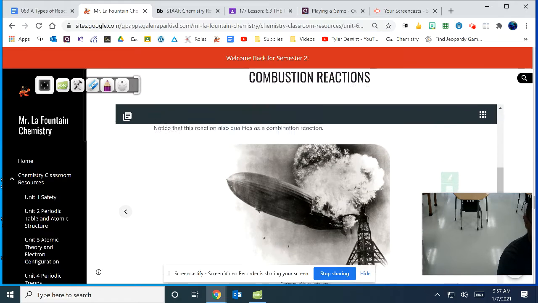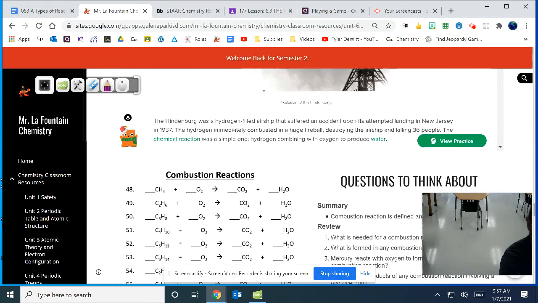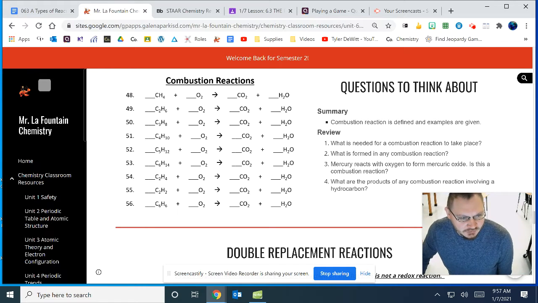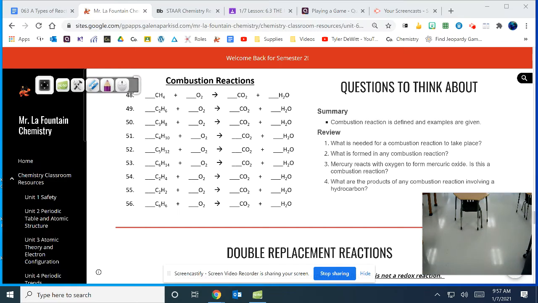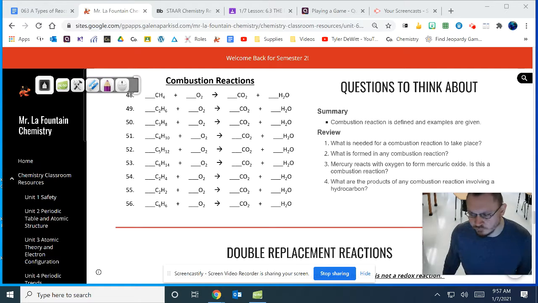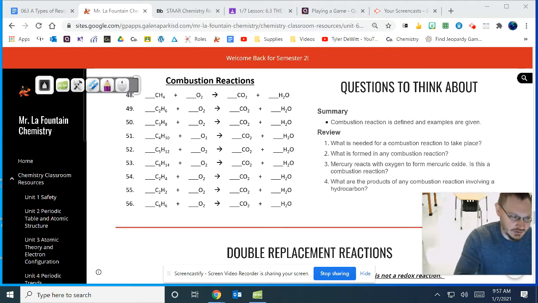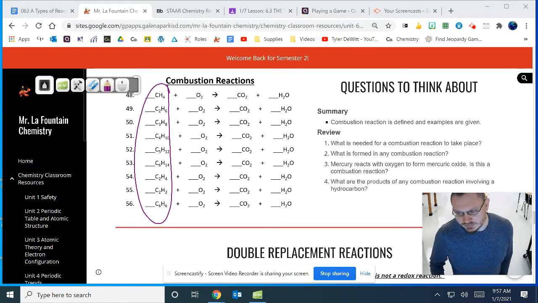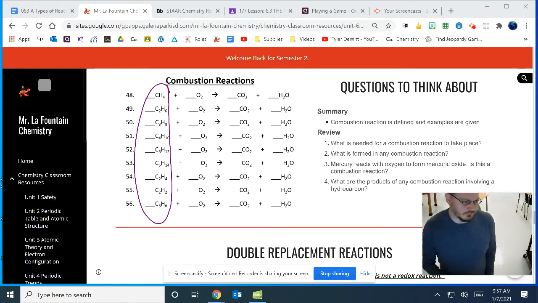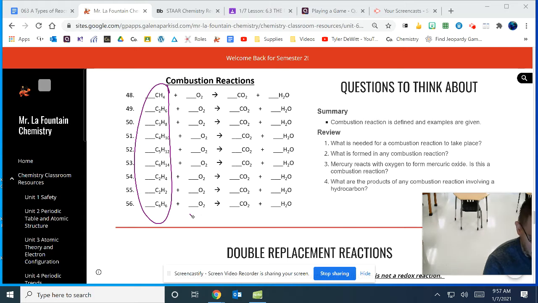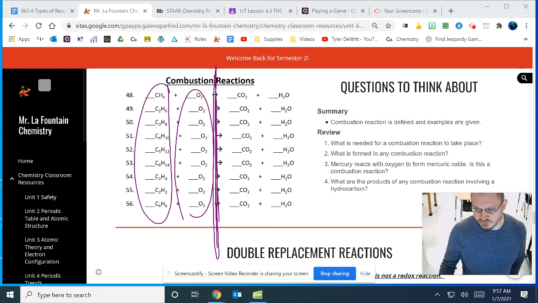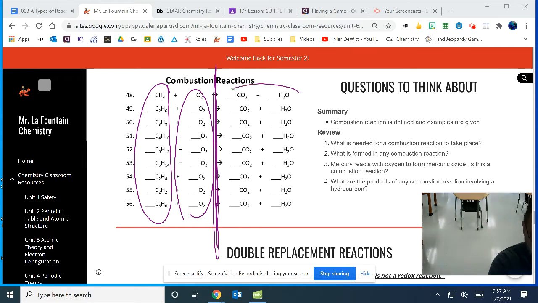We also have combustion reactions. So combustion reactions are anything that has to do with a flame or fire. So in a combustion reaction, we're going to find the similar pattern here. We're going to have some kind of hydrocarbon, which is some kind of compound that's only made of carbons and hydrogens, is going to react with oxygen on this side here. And then on the other side of the equation, we're going to see that the products will always be carbon dioxide and water.